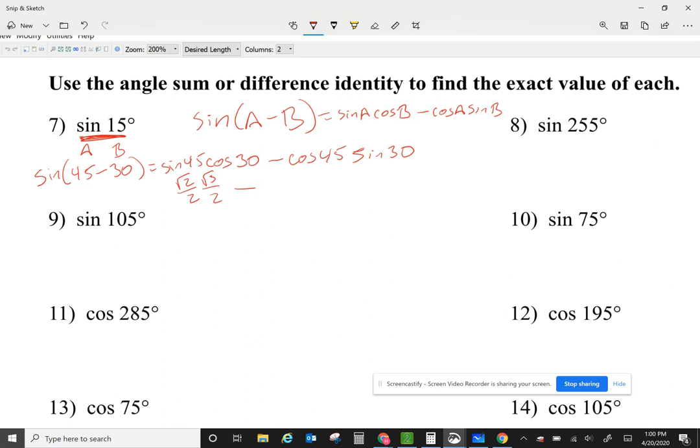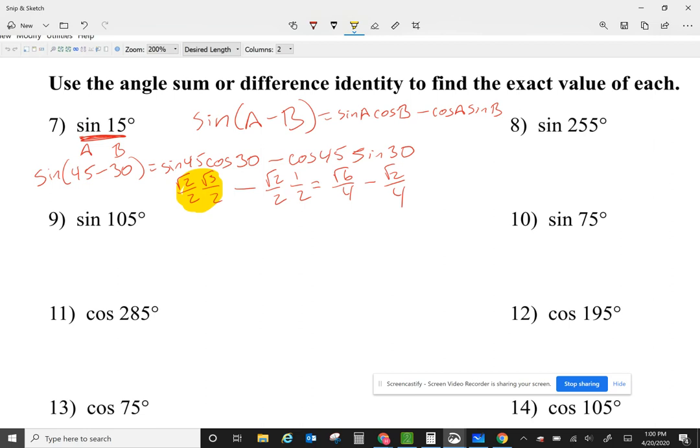Cosine of 45 is radical 2 over 2. Sine of 30 is 1/2. So I have this as radical 6 over 4 minus radical 2 over 4. Radical 6 over 4, I just multiply these two out, radical 2 times radical 3.